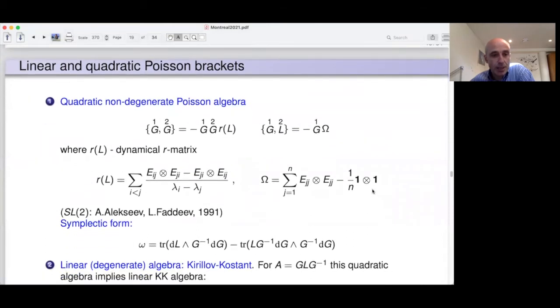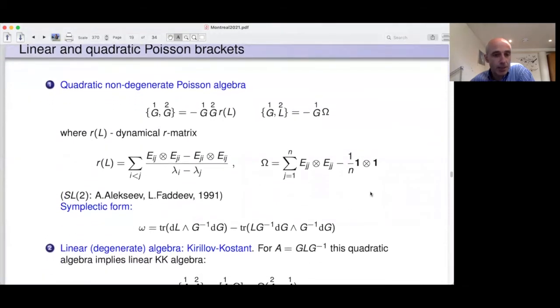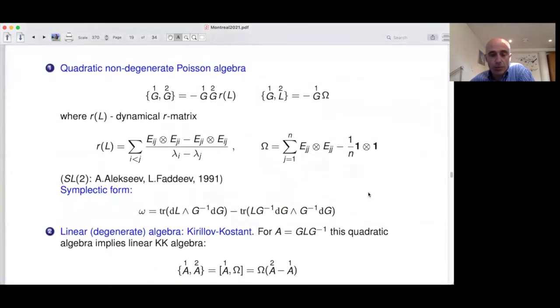This next slide is a bit of a technicality again, which is required for the rest. So let's introduce this quadratic Poisson algebra just for one G. I don't have any index here, right? I take just matrix G and another matrix G, and this 1, 2 means that I take the tensor product of two spaces and compute the Poisson bracket between each matrix element of this with each matrix element of this.